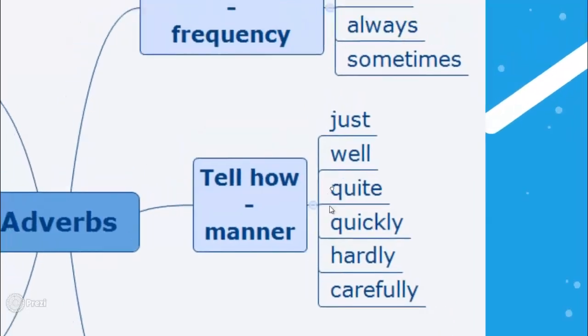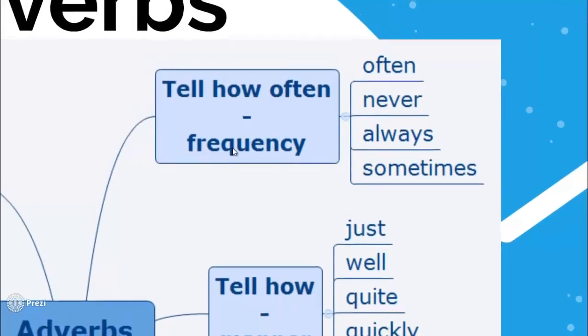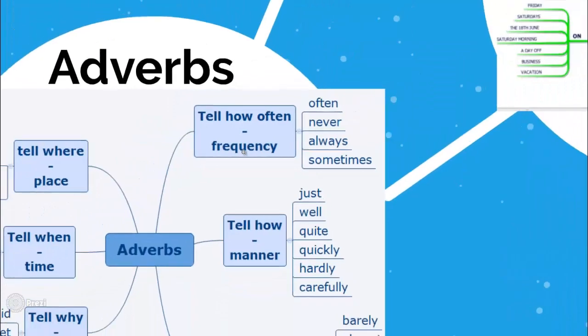It tells me how. Then we have the adverbs of frequency, something you have previously seen. This tells me how often this action is done. Like, I often go to the stadium, I never drink, I always sleep late, I sometimes read books. And that's all for adverbs.